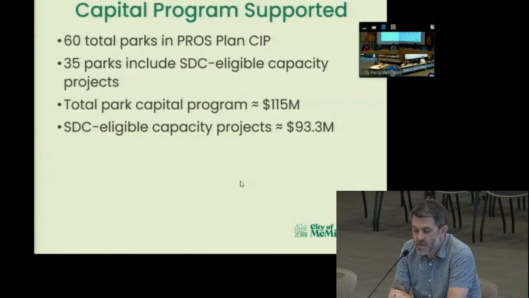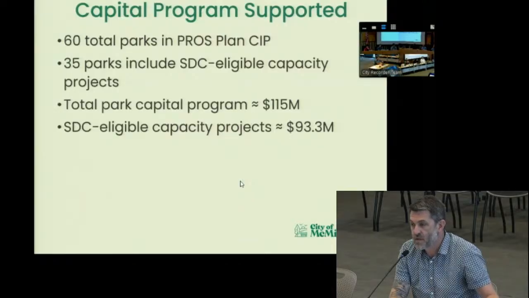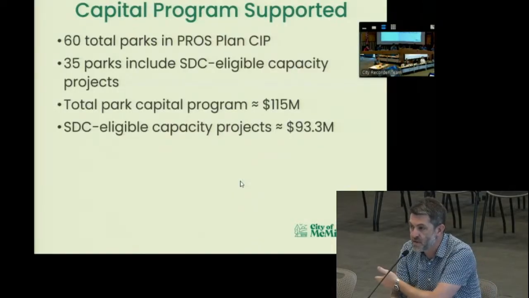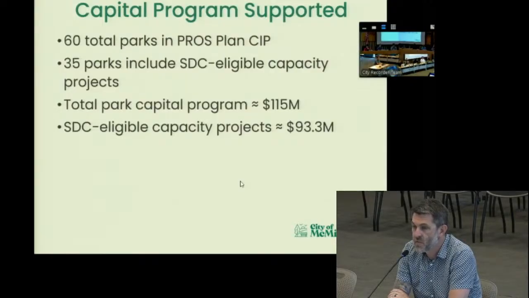But there are additional SDC eligible capacity projects that can be done in existing parks, be they building a new playground or a new skate park or a new ball field or something similar. So the total number of SDC eligible capital projects is 93.3 million. And so that equivalent population of 15,000, you take 93 million divided by 15,000, that's the dollar amount per resident that you would calculate for the SDC in the methodology.